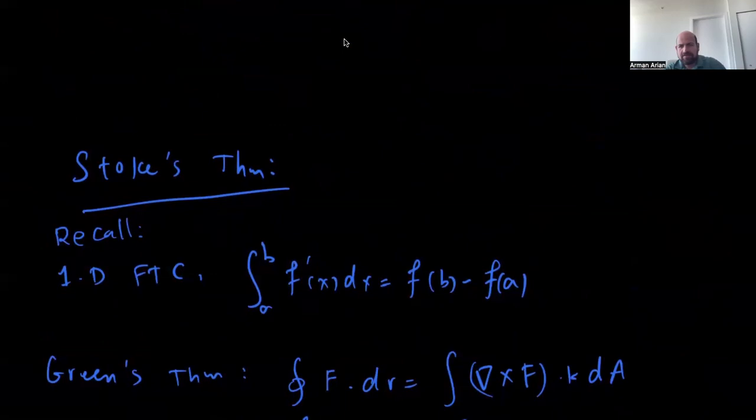So this idea is similar to the idea that we had for FTC, when we look at the FTC as just the one-dimensional version. So the integral of the derivative of f, so instead of curl, here we have the derivative, can be calculated by only knowing the value of f on the boundary. Then you say f of b minus f of a. So when your interval is a to b, this is your set.